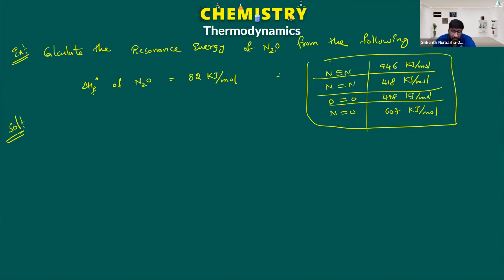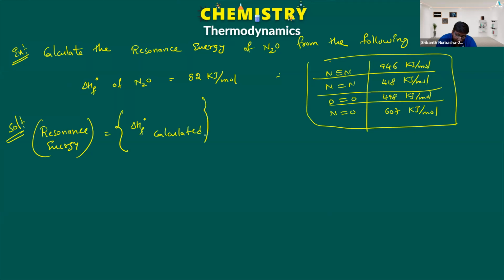You can also calculate resonance energy as the difference between delta HF naught calculated and delta H naught observed.